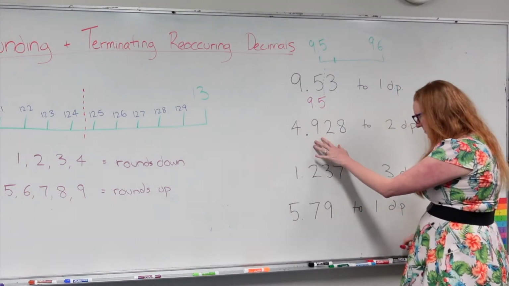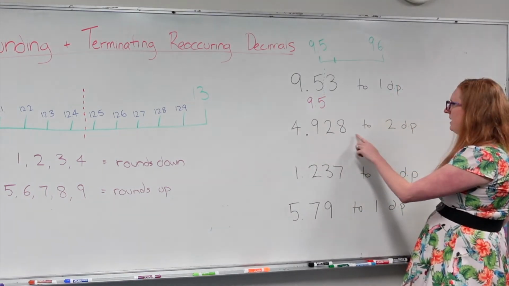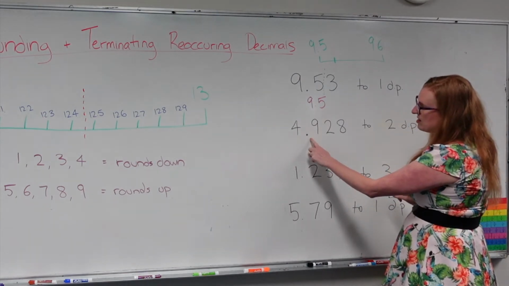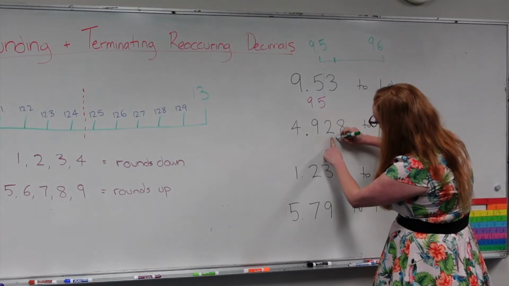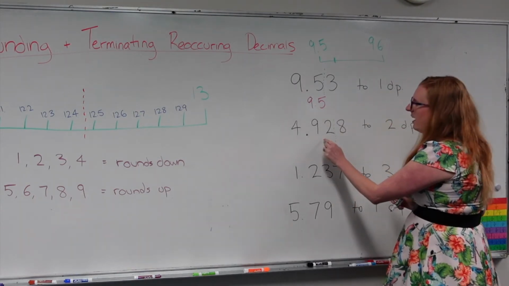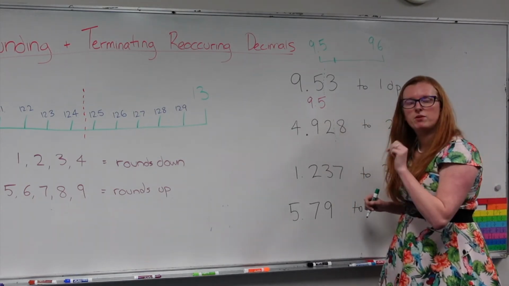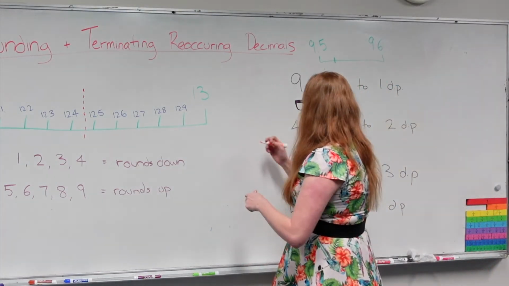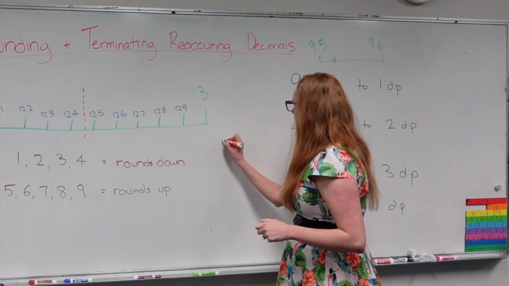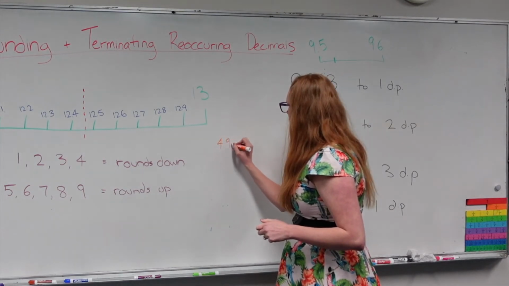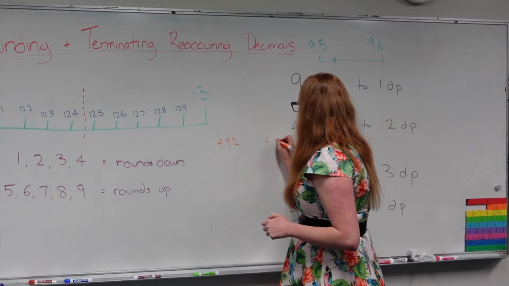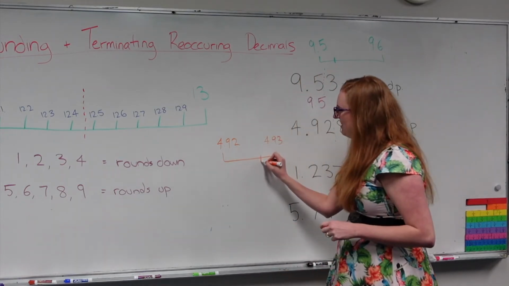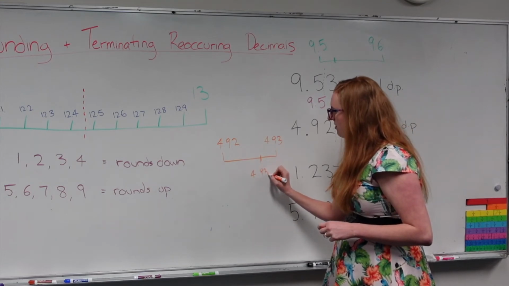Now let's do this one. I've got 4.928 and I want to round it to 2 decimal places. Again, I count 2 decimal places, 1, 2, put a dotted line there, and now I decide, does 8 round up or down? First let me draw this on a little mini number line. It's sitting somewhere between 4.92 and 4.93, so it'll be about here somewhere, 4.928.